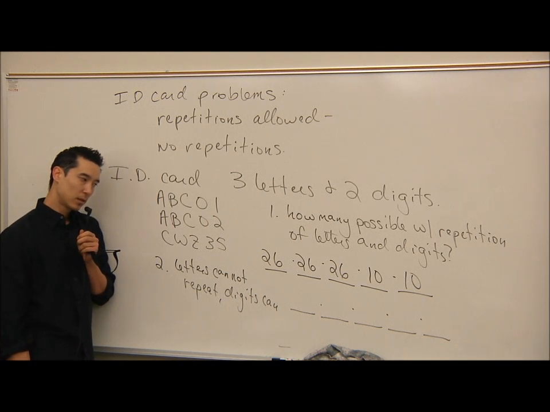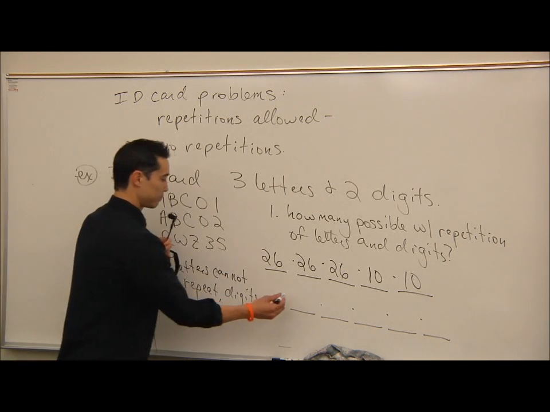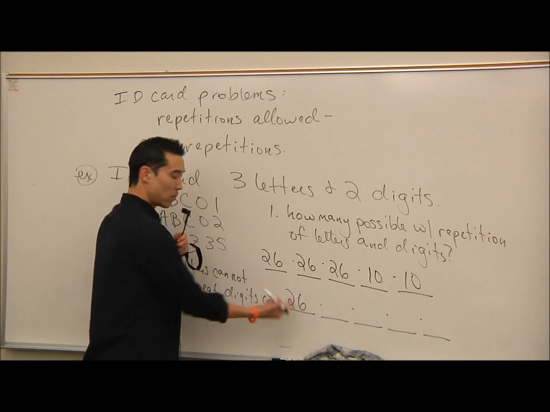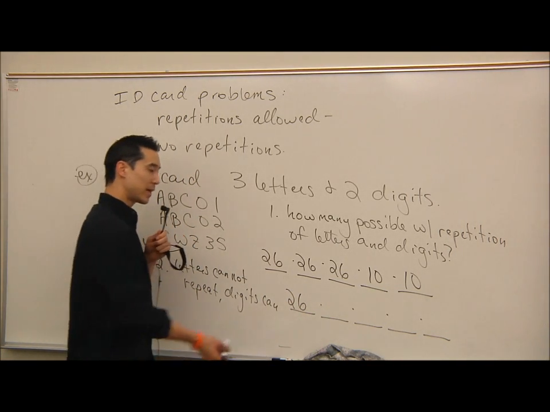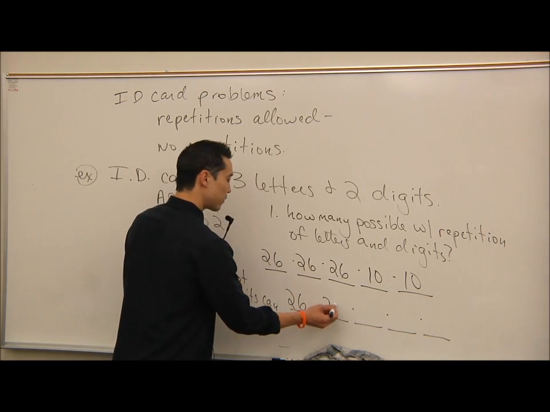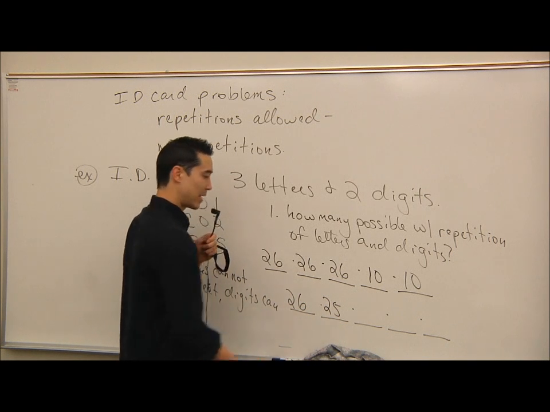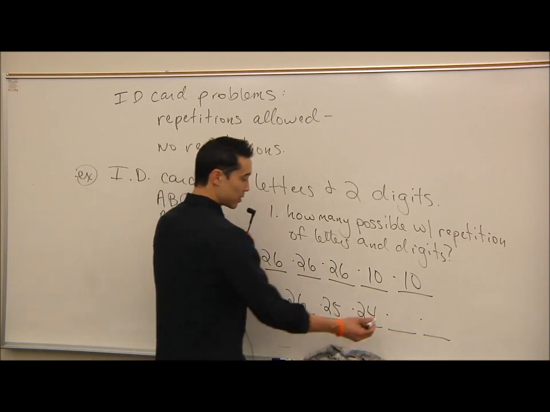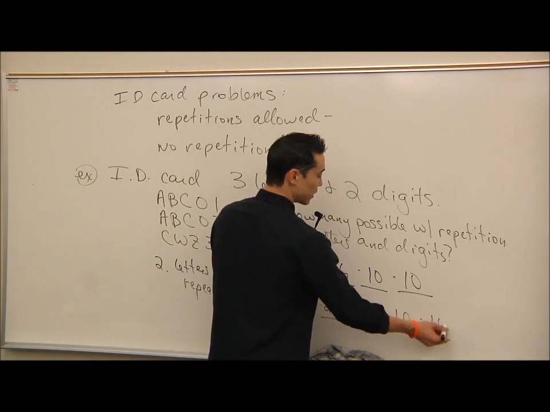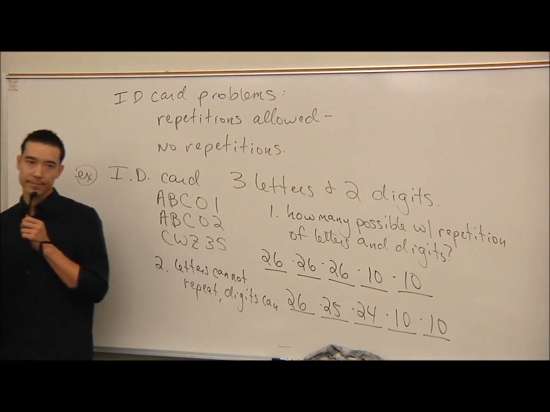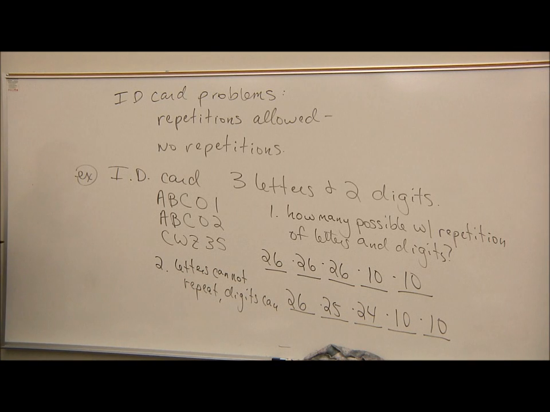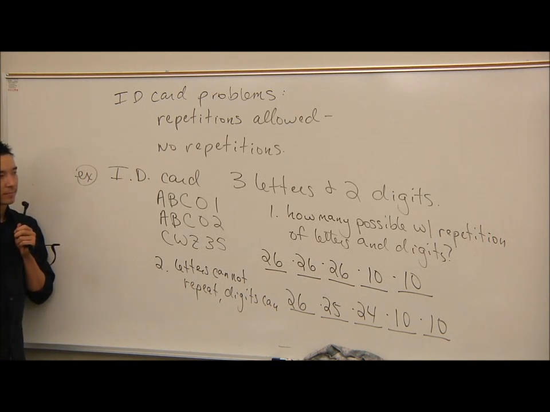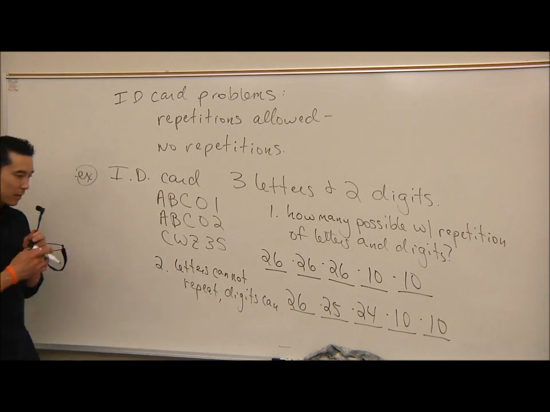Would it be 26 times 25 times 24? Exactly. Once I use a letter, I've taken that letter out, so now I only have 25 possibilities for the next box, times 24 possibilities for the third. Okay? Digits we said could repeat, so that goes back to 10 and 10. And that's it. Okay? Good. Let's try another example.